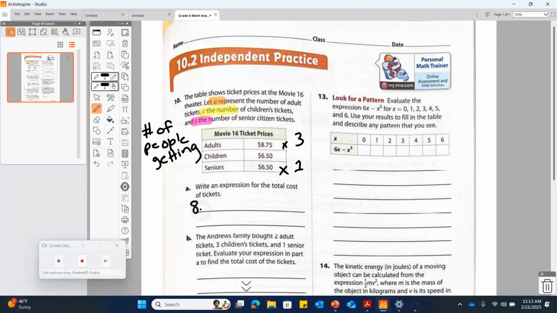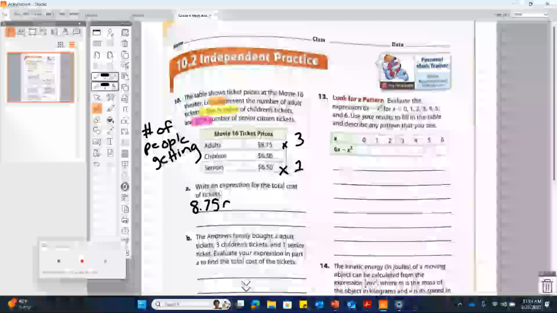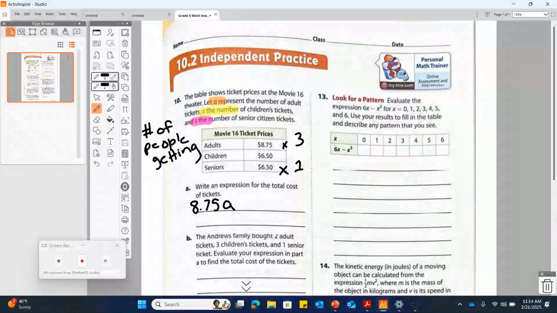If I have 1 adult, it's going to be $8.75 times 1. If I have 2 adults, $8.75 times 2. If I have 4 adults, it's $8.75 times 4. However many adults I have, I'm going to call that A. I'm going to multiply by the total number of adult tickets.